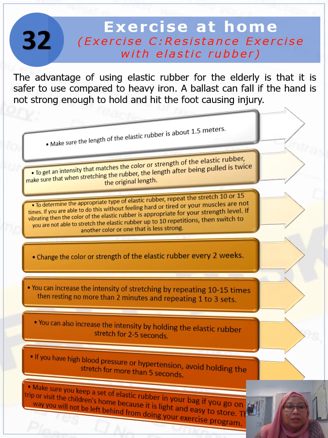The next one, exercise C, resistance exercise with elastic rubber. The advantage of using elastic rubber for the elderly is that it is safer to use compared to heavy iron or heavy load, because the tension is given by the rubber. Even if it falls on your leg, there is no impact to the body part.